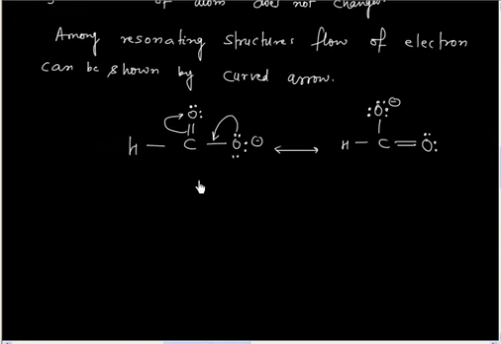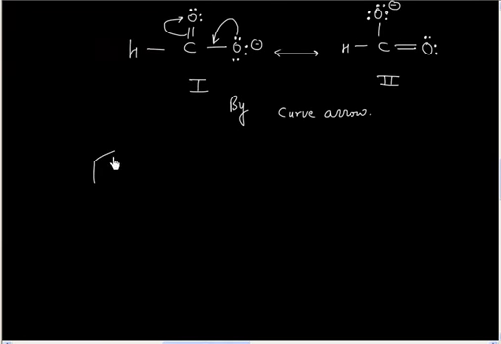So one resonating structure can be converted into another resonating structure by curved arrows. For example, if I have one benzene, this is one resonating structure, it can be converted into another resonating structure. So if I flow this pi bond here, this pi bond here, and this pi bond here.